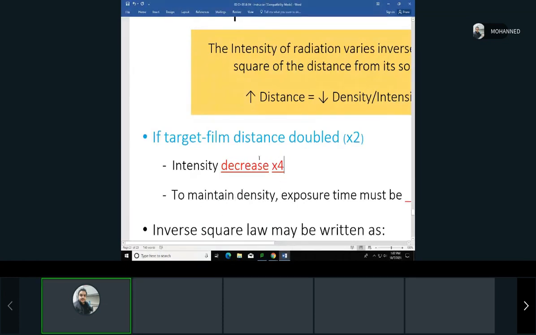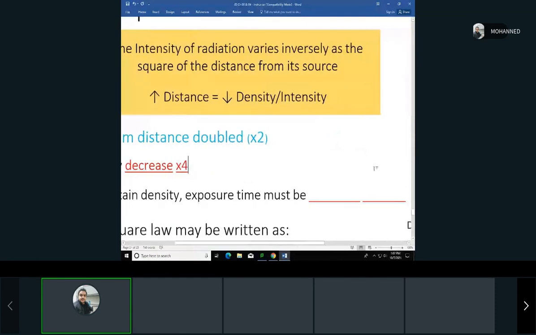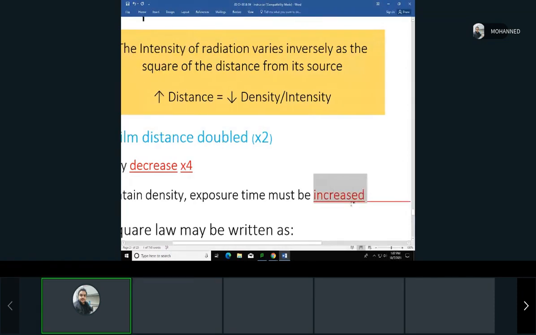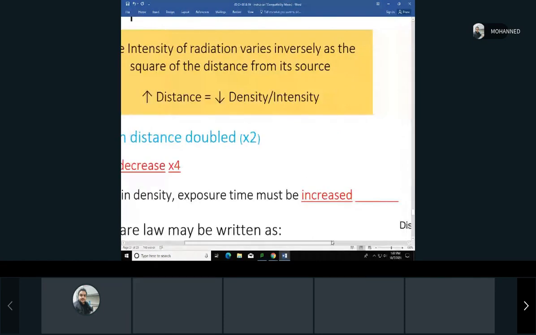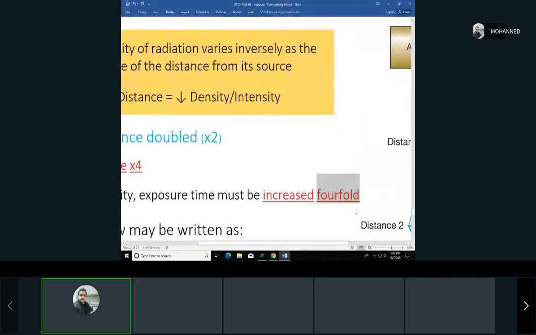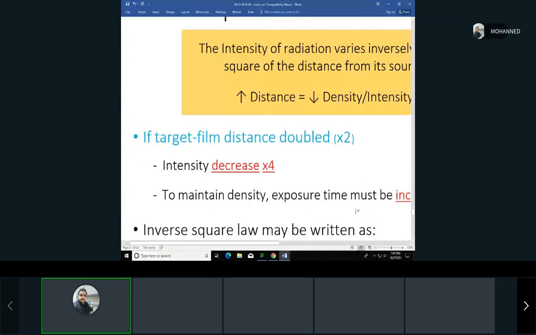If we want to maintain the same density, for example, again, we went farther, but we still want to keep the same density, what can we do? Should the exposure time be increased or decreased? We got lower density by 4, so we need more density by 4. So we need to give more time. How many times? 4 times the time.